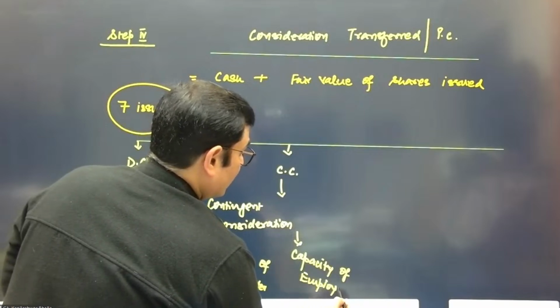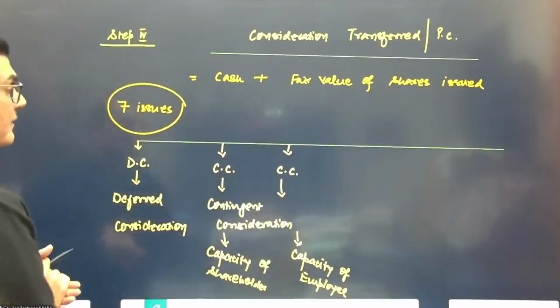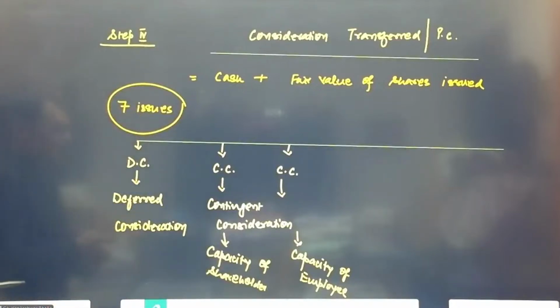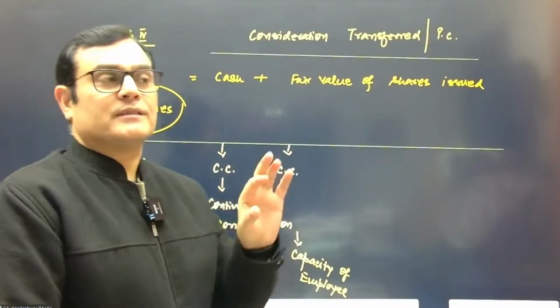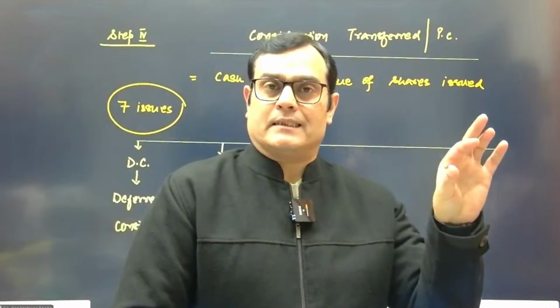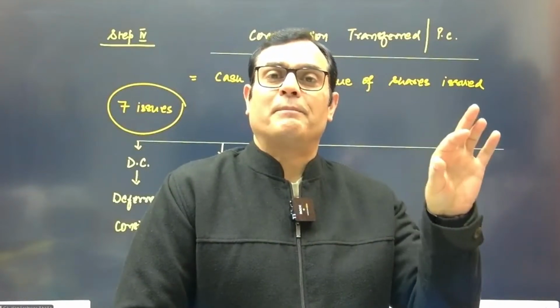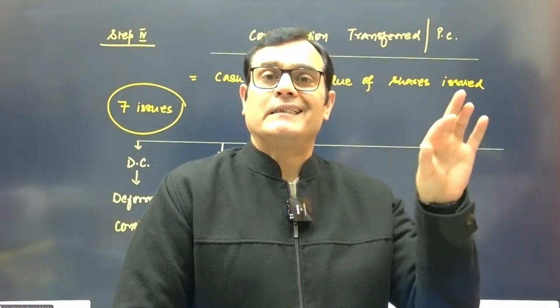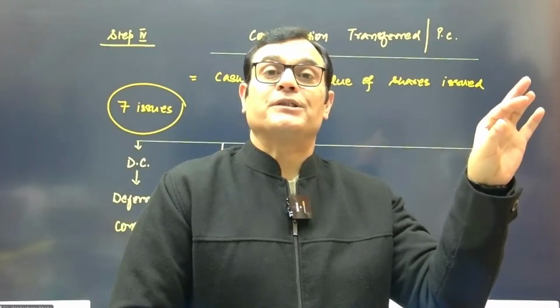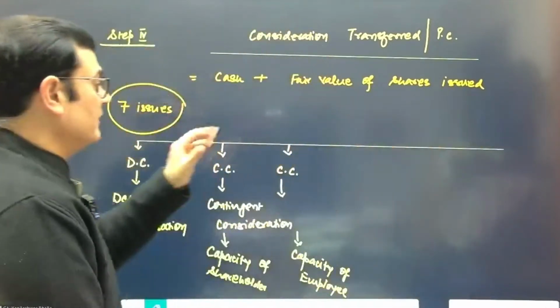So let's not get worried at this stage about what is to be taken. Just look at the terminology. I'm going to call this CCS, contingent consideration in the capacity of shareholder, and CCE, contingent consideration in the capacity of the employee.